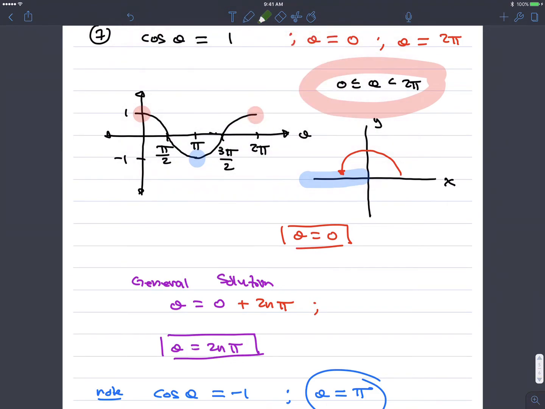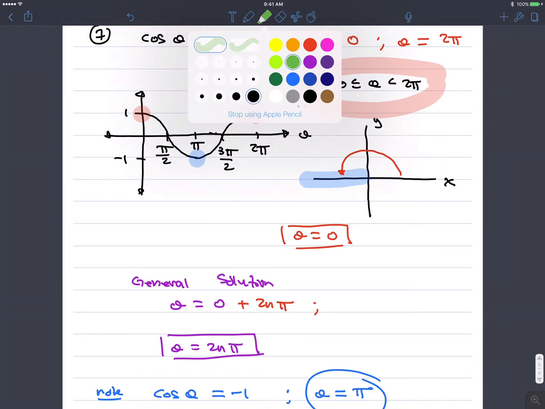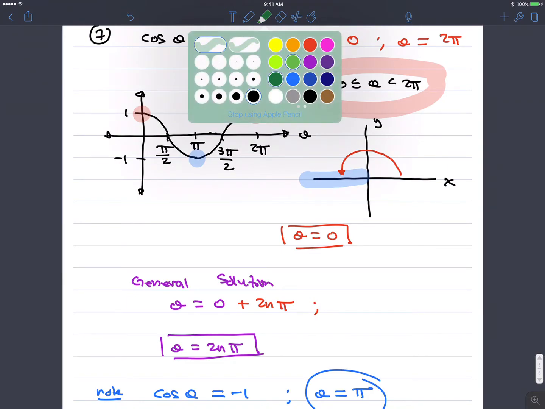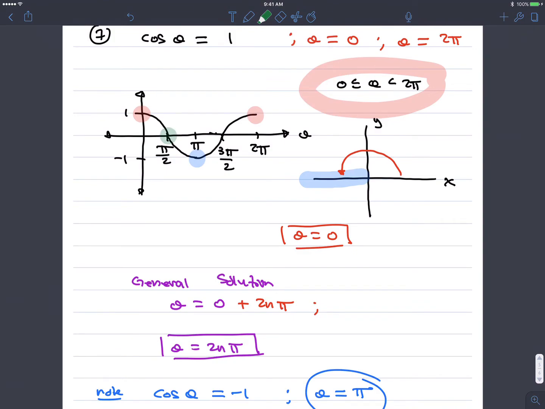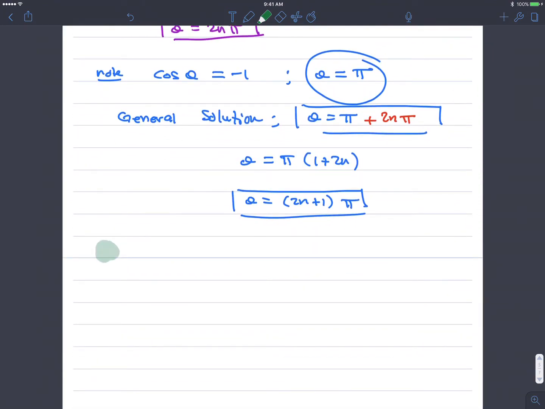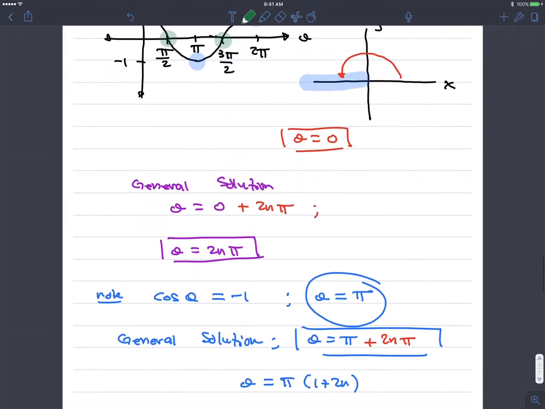Now, let me paint this green. Or should we try pink? Yeah. You want green? Let's look at these solutions here. What am I asking now in green? Let's note in green. What we're saying now is cosine theta is what? 0?